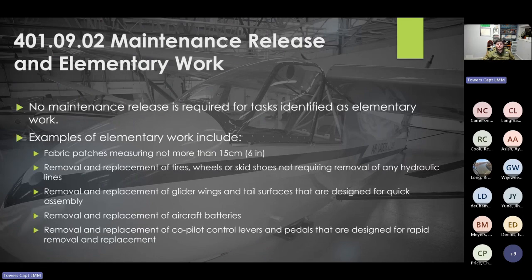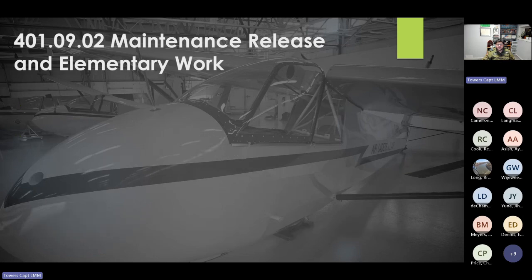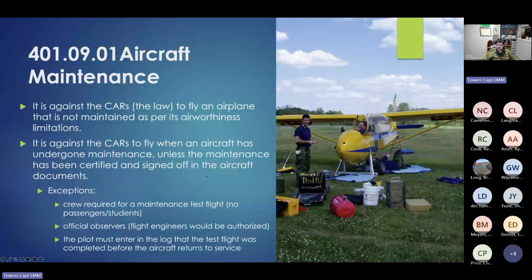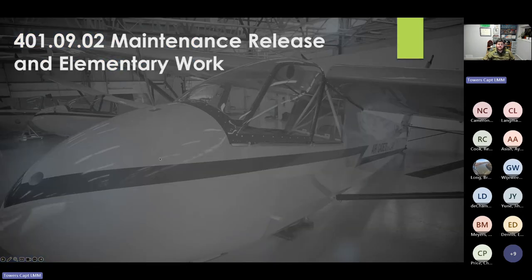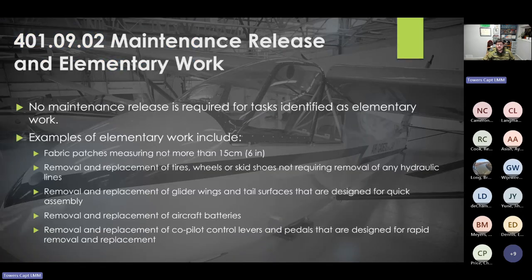All right, so maintenance release and elementary work. The maintenance release was what we were talking about here. It was required to be signed off in the documents. But when it comes to elementary work, there's no maintenance release required for any tasks that are identified as elementary work.